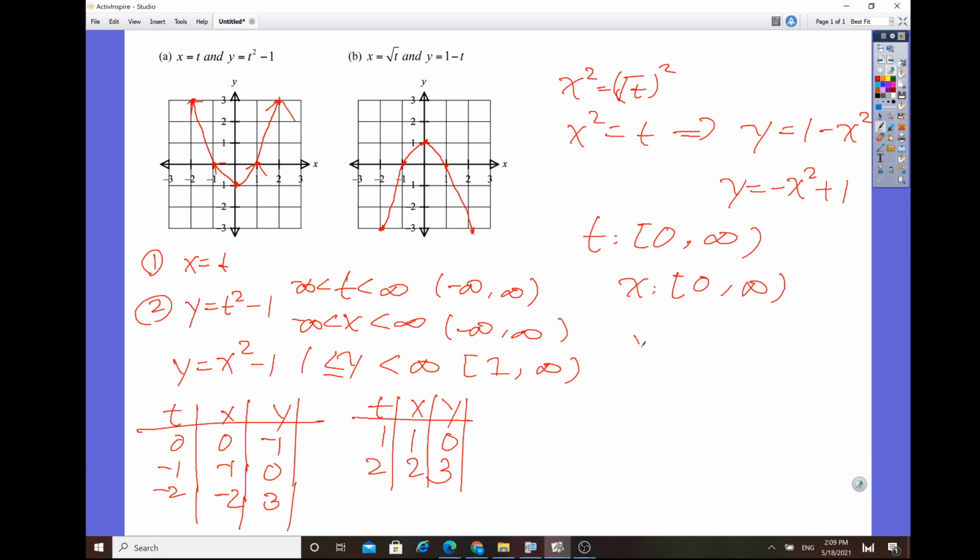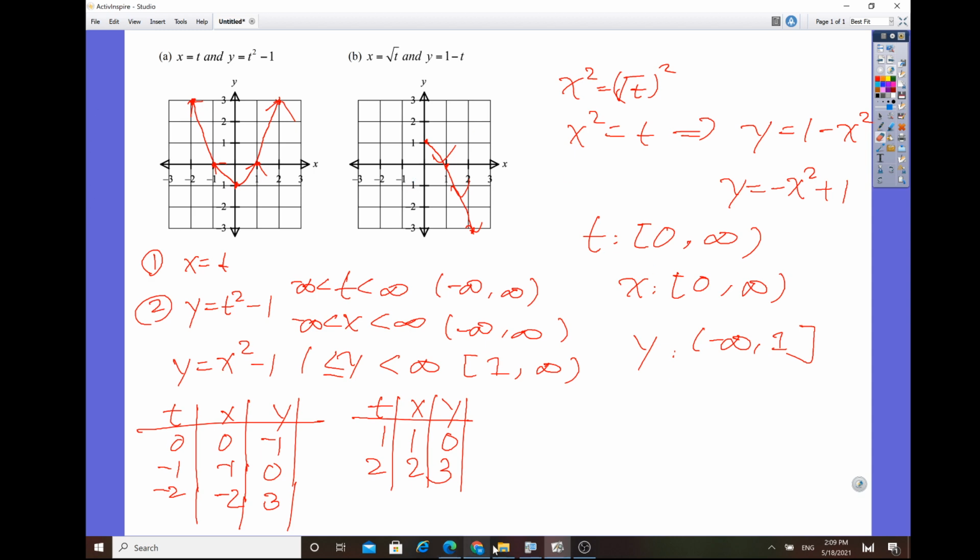And for y, y would be negative infinity all the way to 1. So for the graph here, just set up the table. This one is only going this way. There's nothing on the left-hand side, because that would be an imaginary number. So it's only half of the parabola.